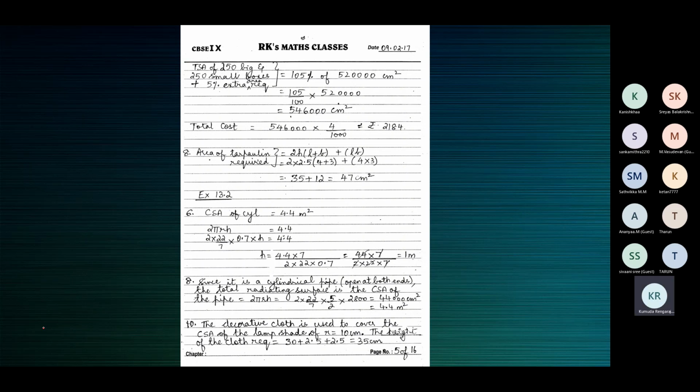Okay, so there is a car, and the owner of the car wants to make a box-like structure to cover the car. Say it's parked in the car park. This person wants to make a box-like structure using this material called tarpaulin.